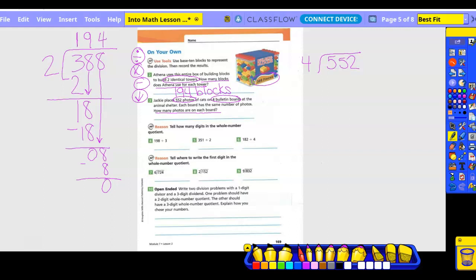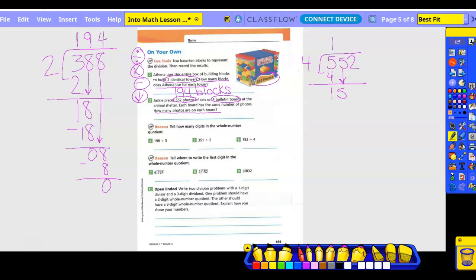So, can 4 go into my 5? Yes. So, how many times? 1. So that was my dividing. Now I multiply. 4 times 1 is 4. Now I subtract. 5 minus 4 is 1. And then I bring down my next number. So then I go back to the top of my steps, correct? Yes.